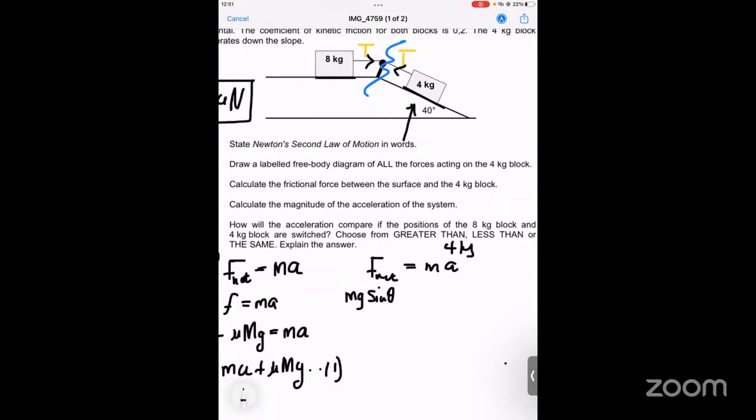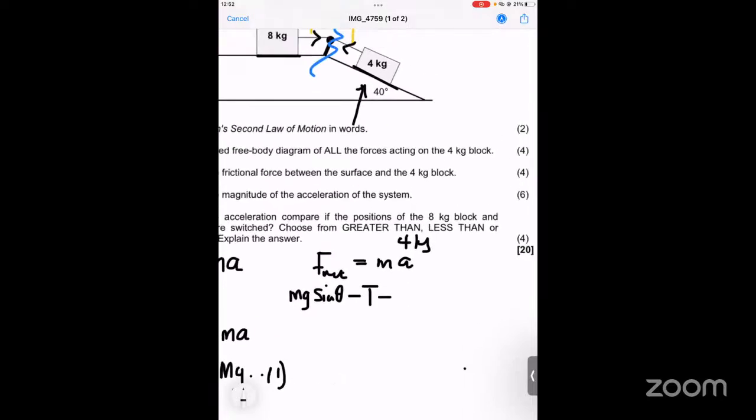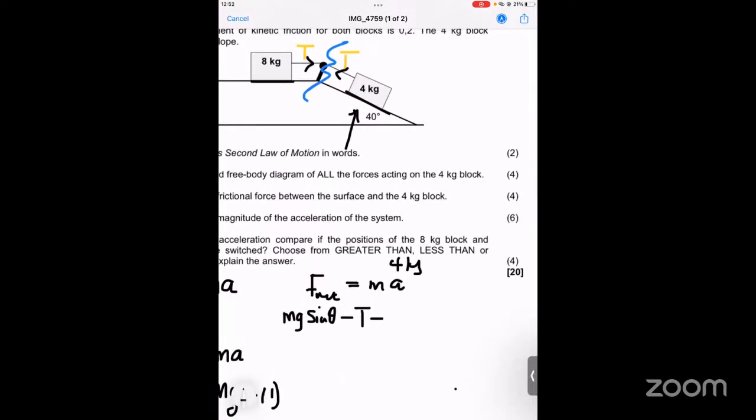Yes, sir. That we will need to minus the tension. Do you agree? Yes, sir. And then again, we will need to minus the frictional force. Okay, what will be the formula for the frictional force on the 4 kg?